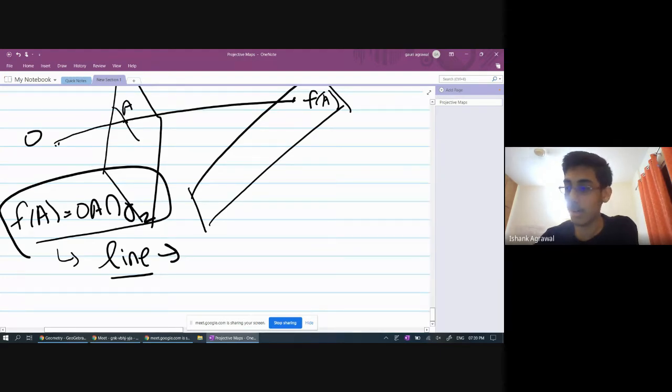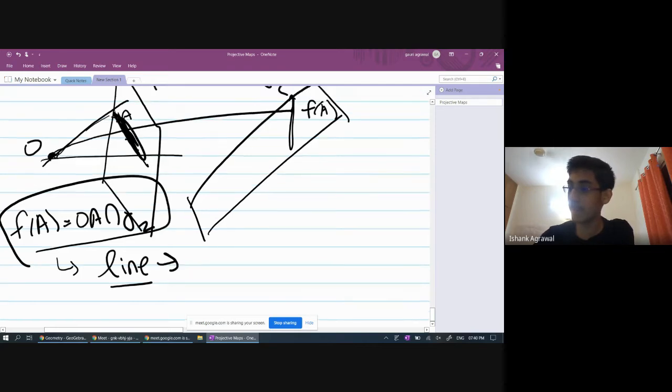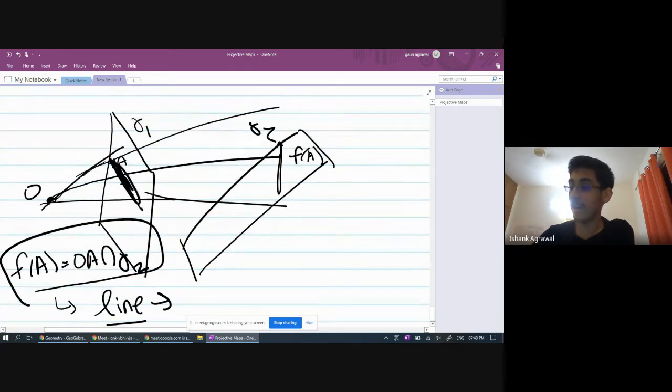The image of a line would be a line, because we're basically taking all points on this line and seeing what that image would be. If we consider the plane that this line and this point O make, the image of that line would be an intersection of that plane with this other plane. And so that would be another line. So lines map to lines.